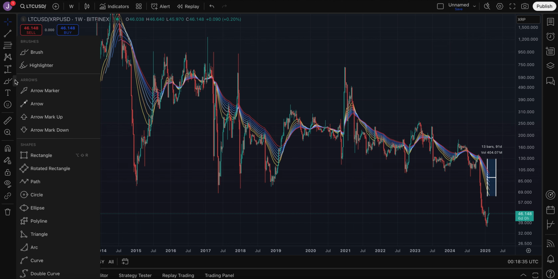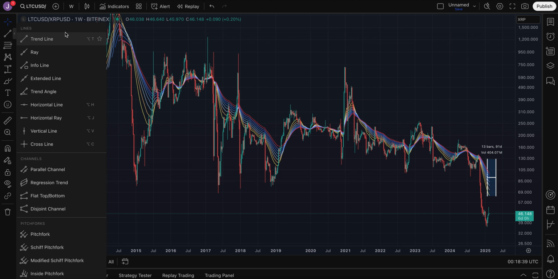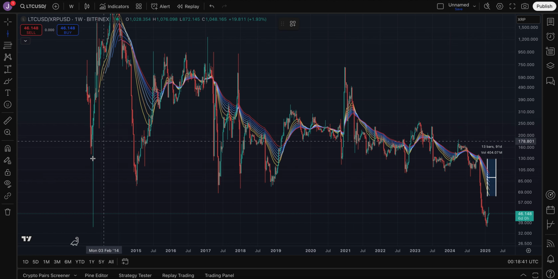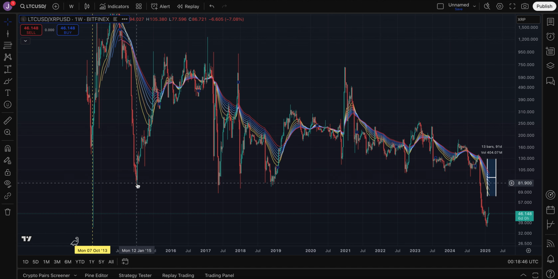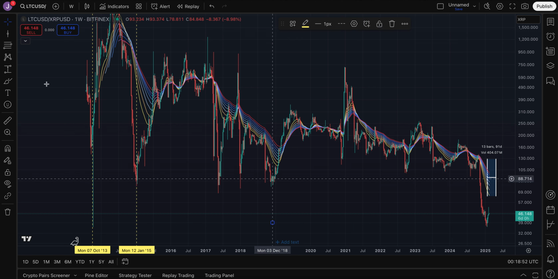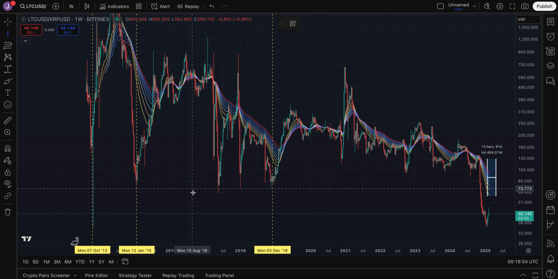So if we start to mark these downs, let's put a vertical line. Yeah. So we have one here, we have one here, we have one here, we have one here. This one was 2017.